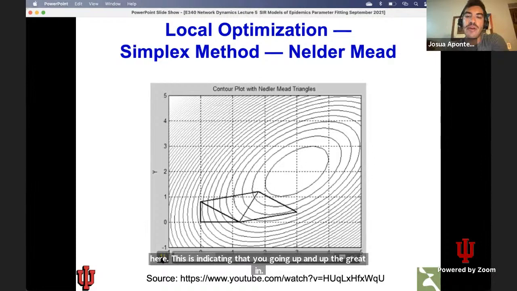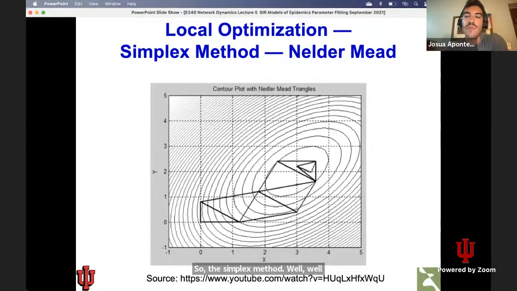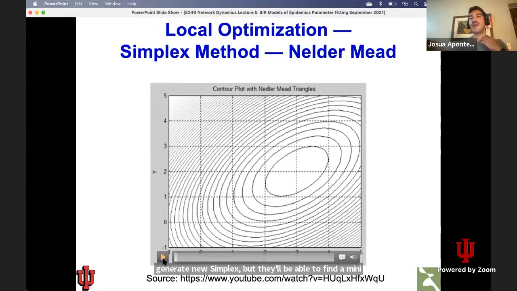So the simplex method will generate new simplexes until it's able to find the minima in the parameter space. But again, this is also a local optimization algorithm.